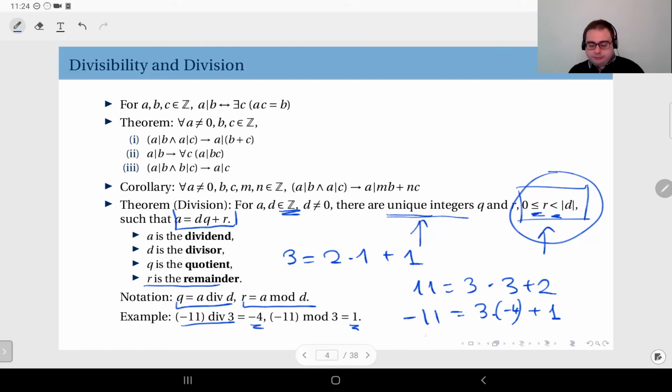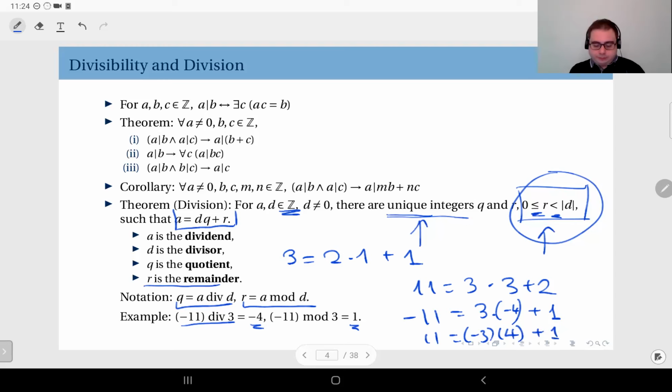Similarly, for instance, if you divide 11 by minus 3, again, in this case, your quotient is not minus 3, which would make the remainder negative, but minus 3 is wrong here; it is actually plus 4, with remainder plus 1.